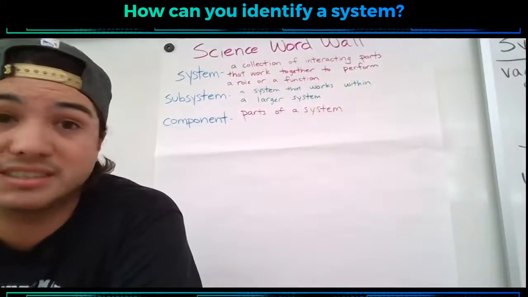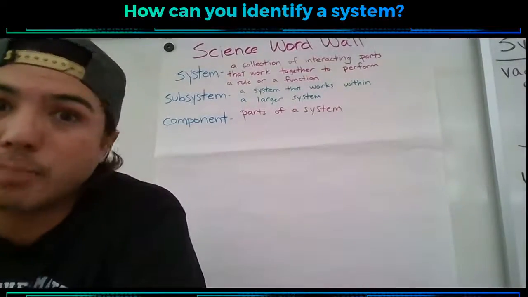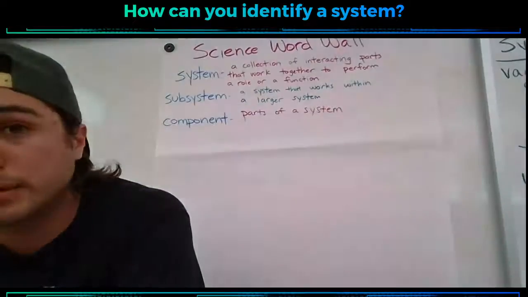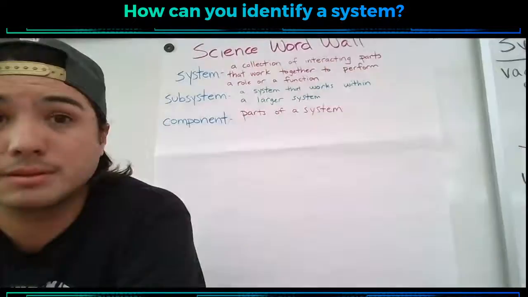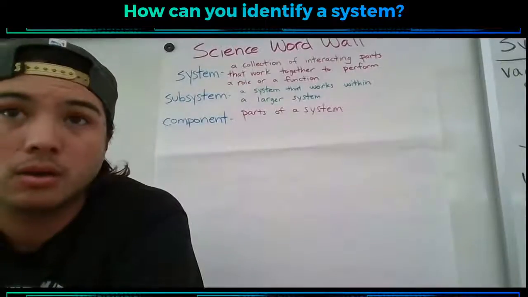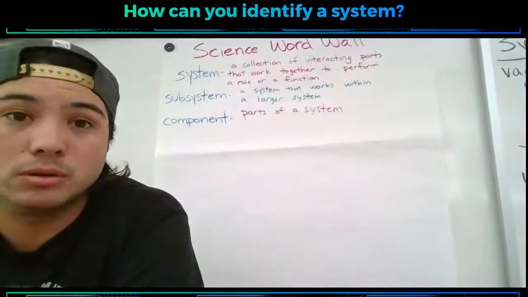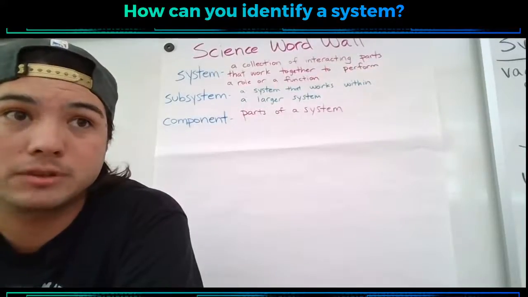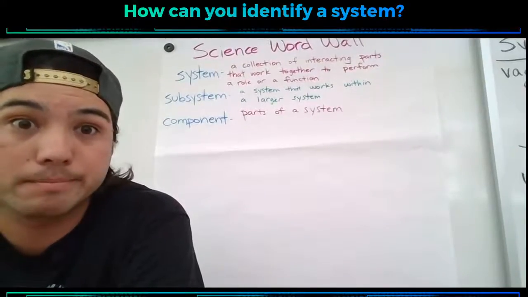The tree is a system. And it has all these parts and subsystems that work together, whether it's roots, leaves, branches, fruit, seeds, bark. All of those components work together to help the tree serve its function of surviving and making more trees, right?